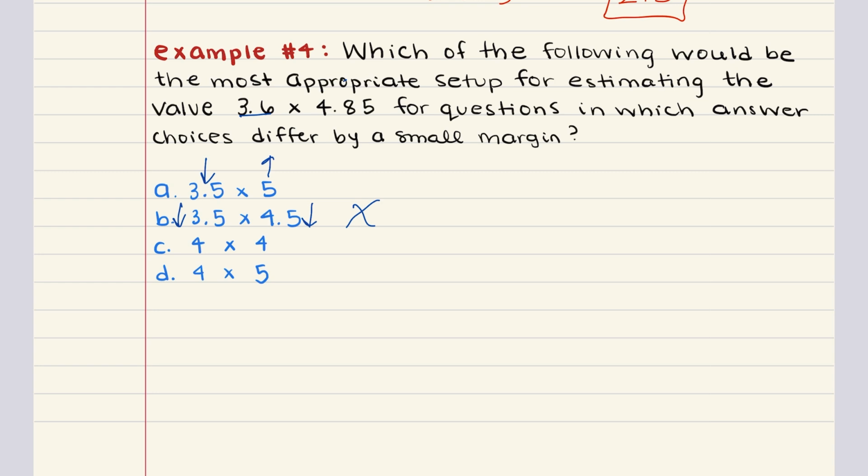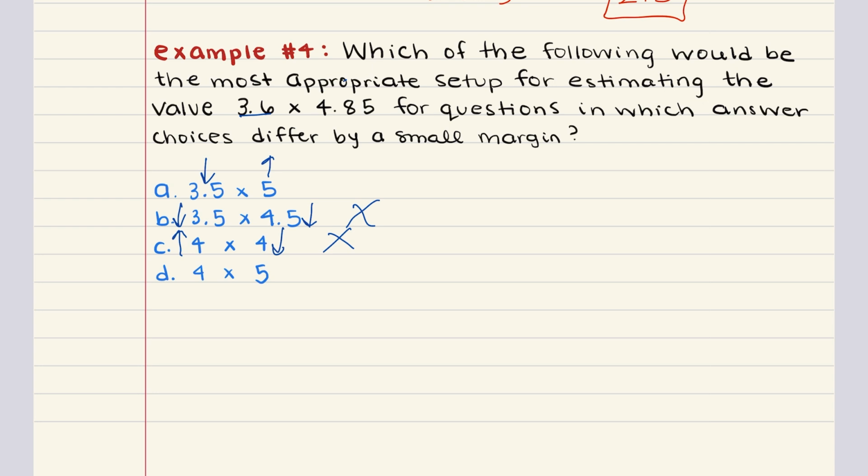Let's look at C. In C, we're rounding 3.6 up to 4, and then we're rounding 4.85 down to 4. Now, while this follows our round up one number, round down the other number, it's by a huge margin, especially when we compare it to answer choice A. So this is also not our correct answer.